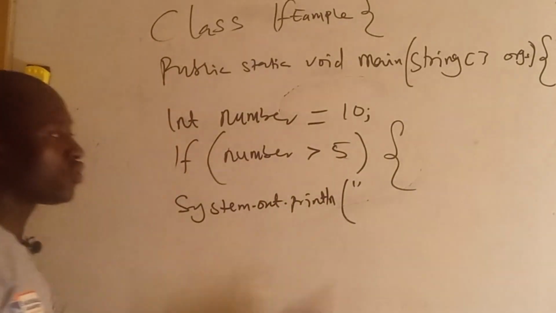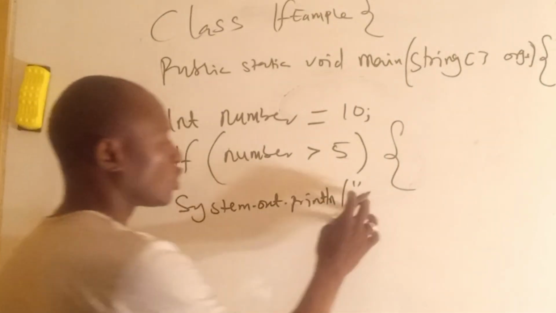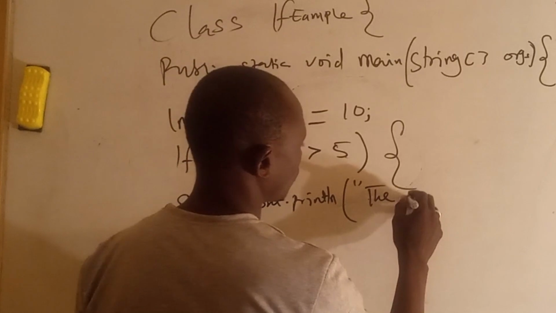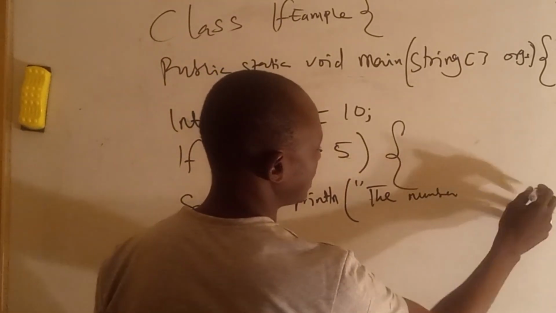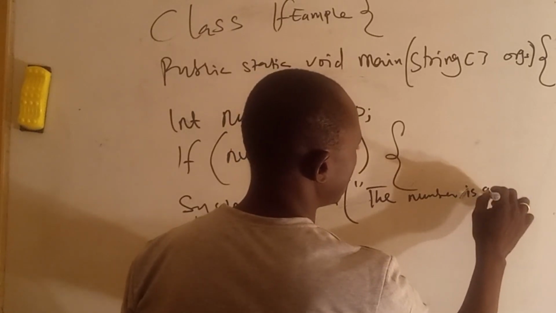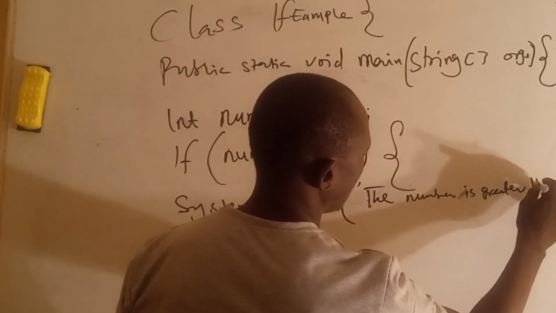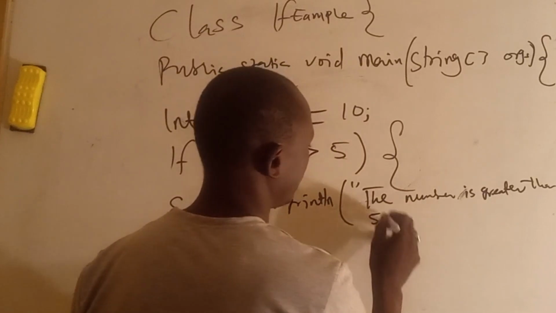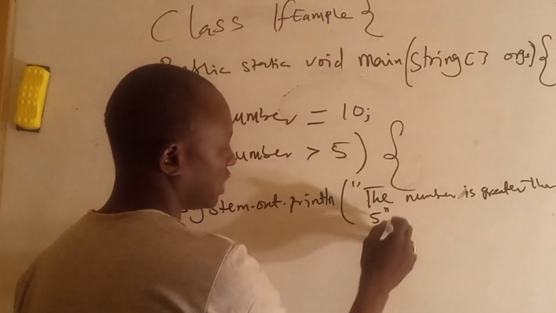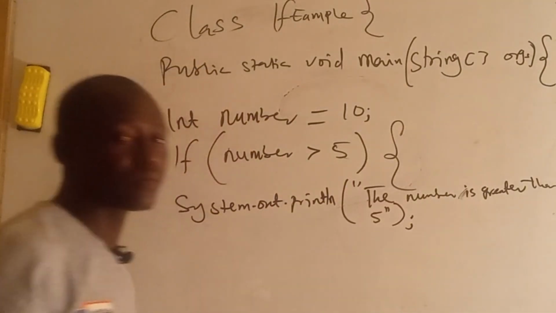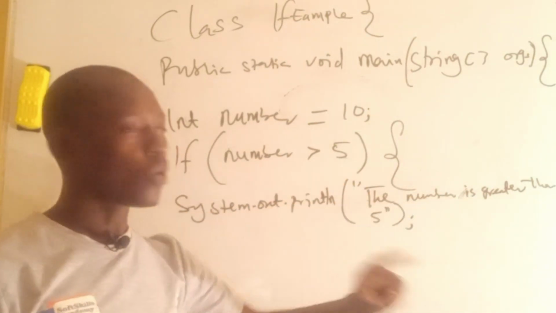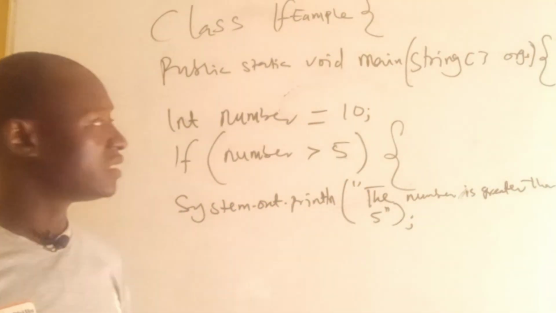We now use our printing statement: the number you entered, or the number is greater than 5. As simple as this. Are you together? System.out.print will now print this. Otherwise, it will end this program.